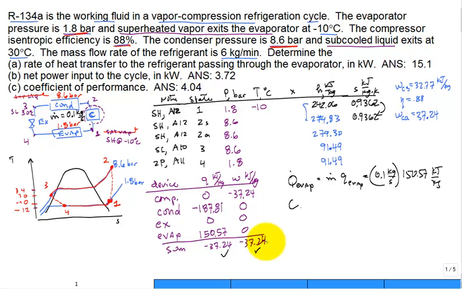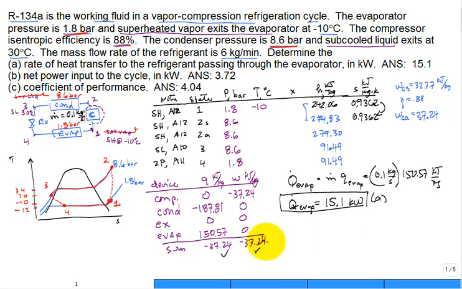And then Q dot in the evaporator comes in at 15.06 kilowatts. Answer for part A.